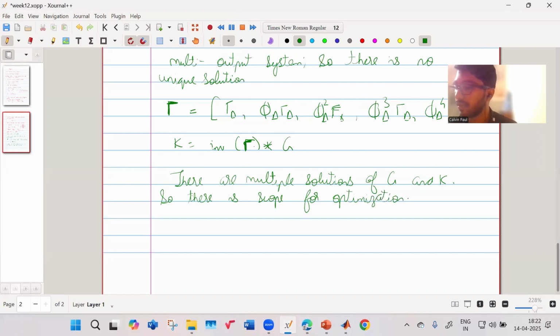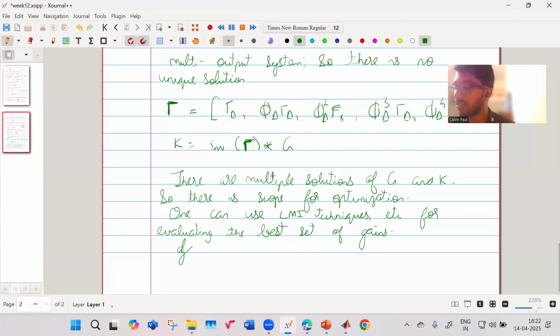One can use LMI techniques, etc., for evaluating the best set of gains. One of the criteria is that the gains K should be as small as possible. They shouldn't be very large. That is one of the criteria.